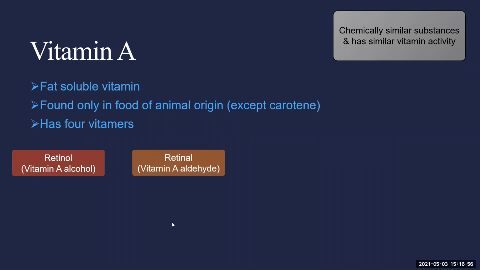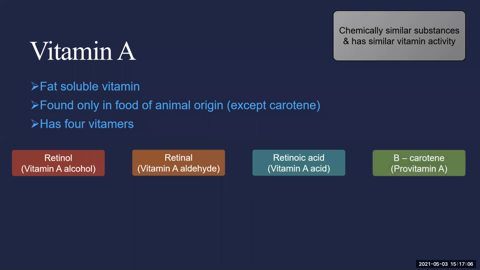Second is retinal, which is vitamin A aldehyde. Third is retinoic acid, which is vitamin A acid. And fourth is beta carotene, also called provitamin A. Only this beta carotene is the one which we get from plants. All the other 3 are available only in foods of animal origin.